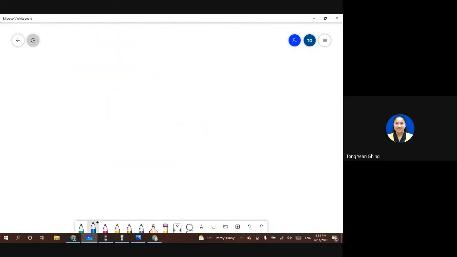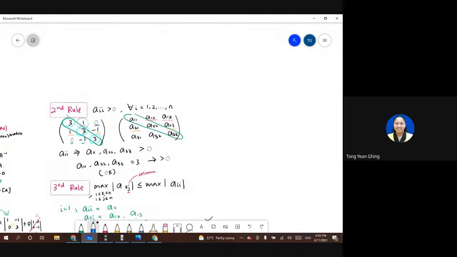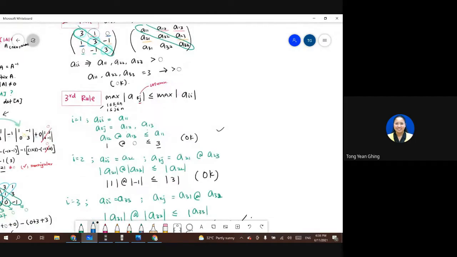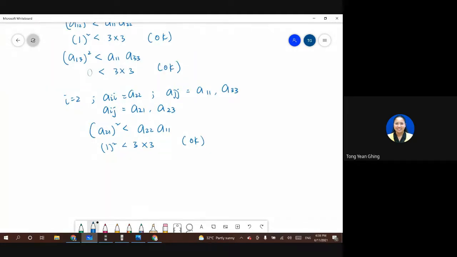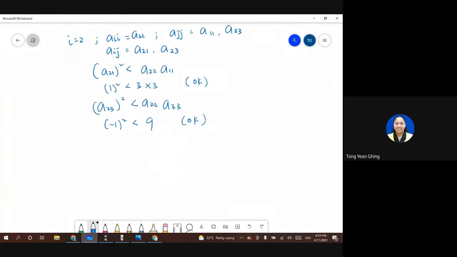A21 is 1, and 1 is smaller than 3 times 3. Yes. And then A23 squared has to be smaller than A22 times A33. A23 is -1, squared has to be smaller than 3 times 3, that is 9. So yes, okay.